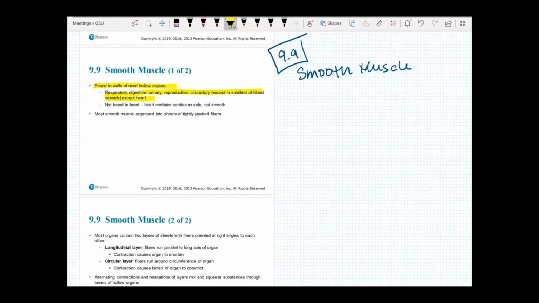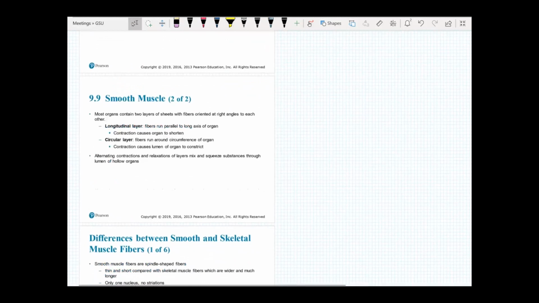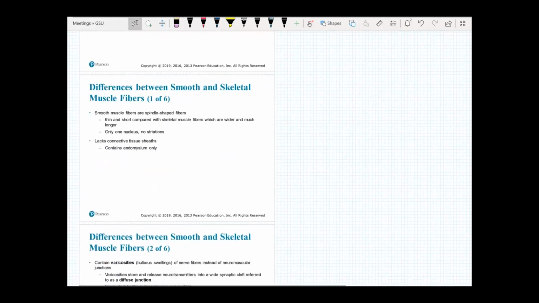So this smooth muscle is into sheets of tightly packed fibers. So these muscle fibers are going to look a little bit different. So I'm going to skip down to the differences. So skeletal muscle versus smooth muscle.